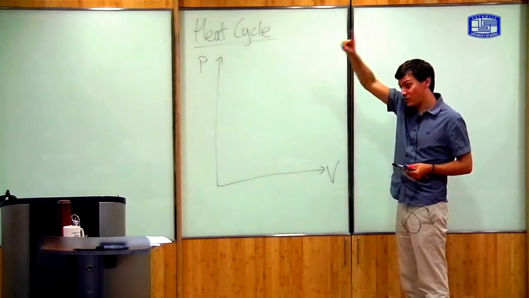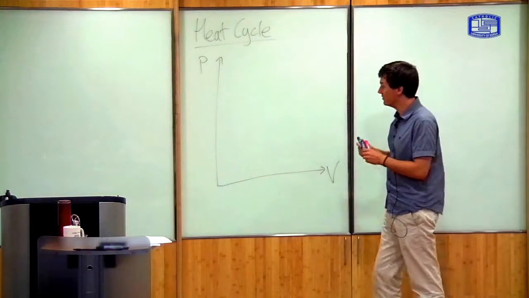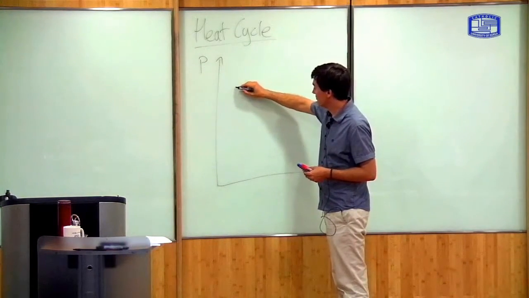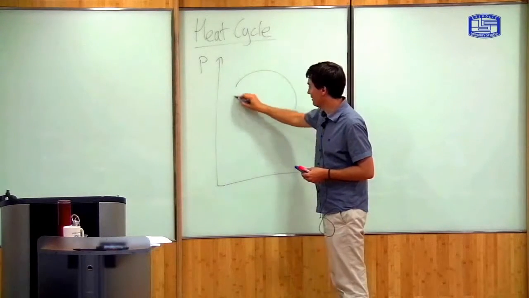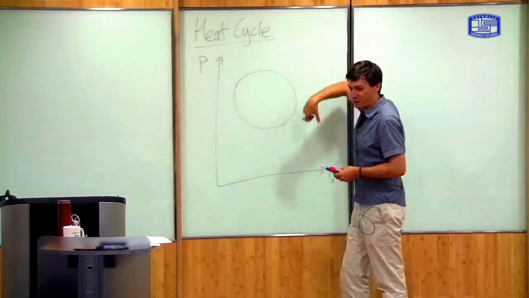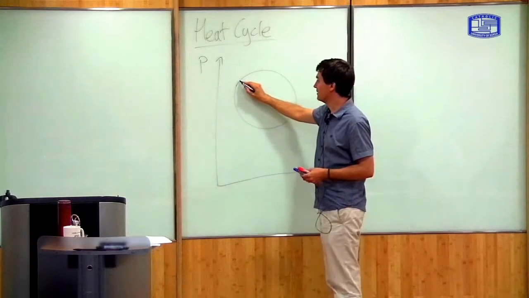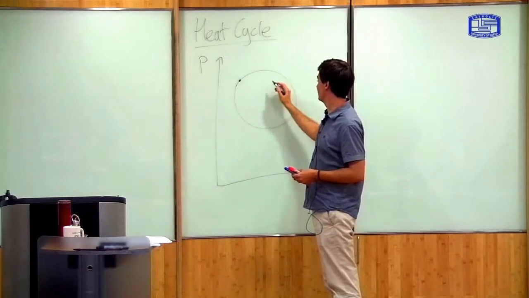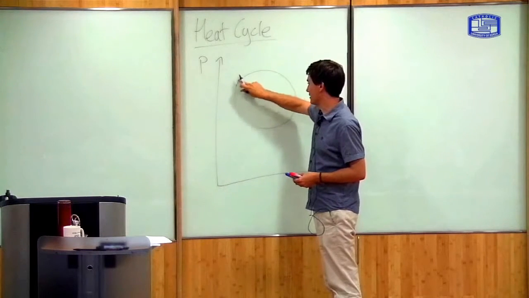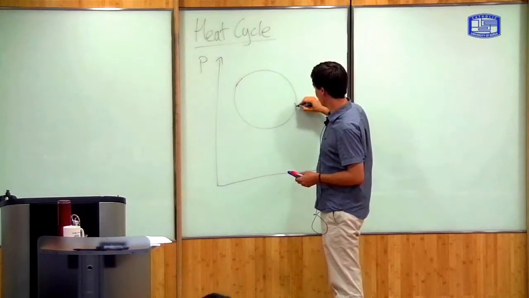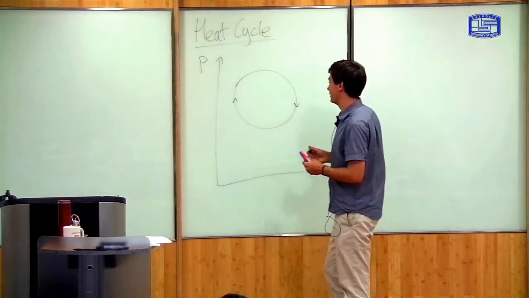So as the wheel goes around one revolution, the pressure and volume inside the gas change, well, something like this. Okay? I'm going to talk more about what shape it is later on, but it goes around in some sort of cycle. So it starts here. Let's say, well, it doesn't really matter where it starts. It starts somewhere, goes this way, goes that way.